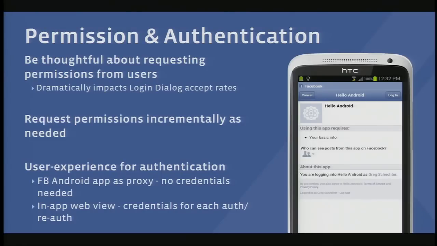So you want to start off small, ask for basic permissions, and then incrementally, as your app proceeds, ask for more permissions when the user is deeper into the application, when they understand what these permissions are going to be used for. We find that these choices make a dramatic impact on the percentage of users who accept the permission request for your app, and thus allow your app to integrate or not integrate with Facebook for them.